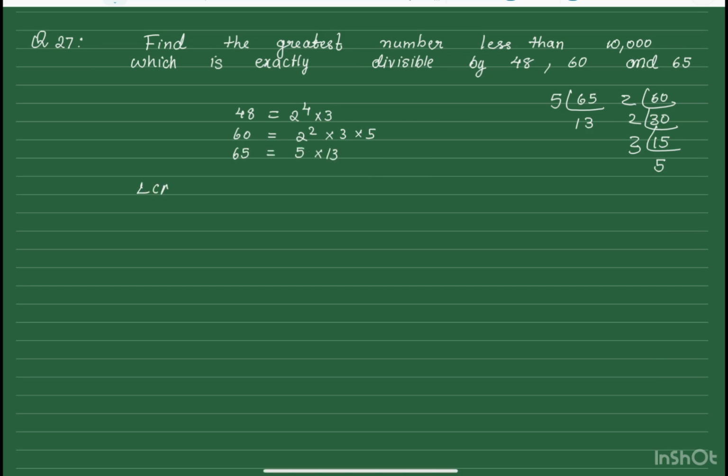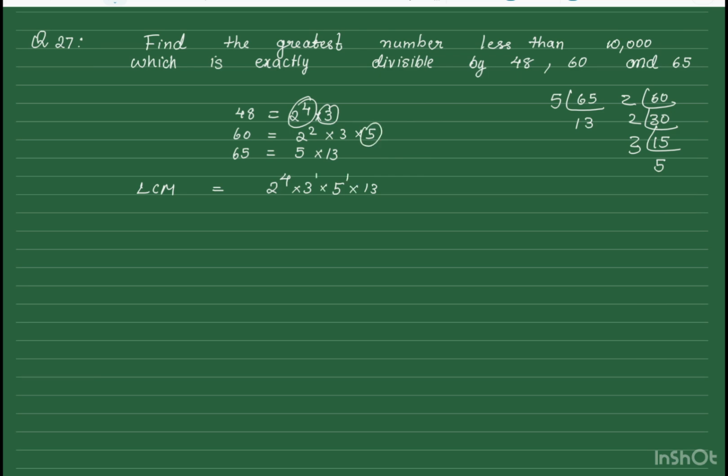Now the LCM of 48, 60 and 65: there are total 4 prime factors, 2, 3, 5, 13, and the highest powers are 4 for 2, 1 for 3, 1 for 5, and 1 for 13.